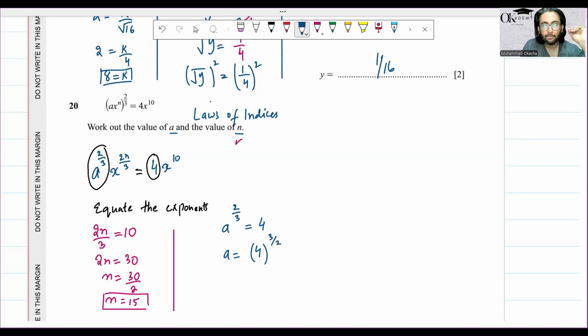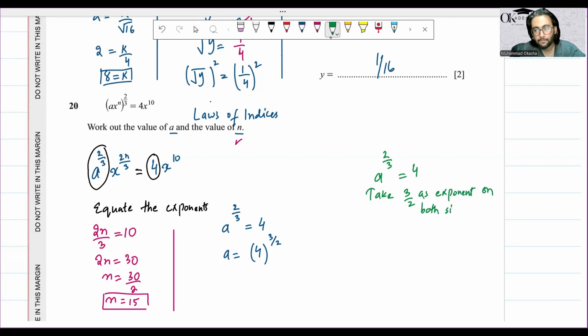How does it happen? Let me real quick give you a demo. If a to the power 2 over 3 equals 4, take 3 over 2 as exponent on both sides.